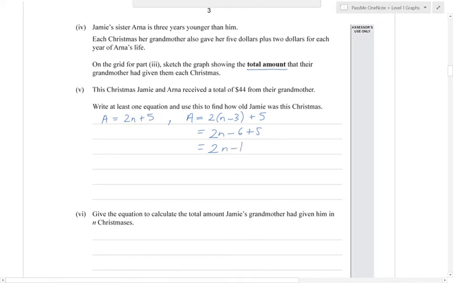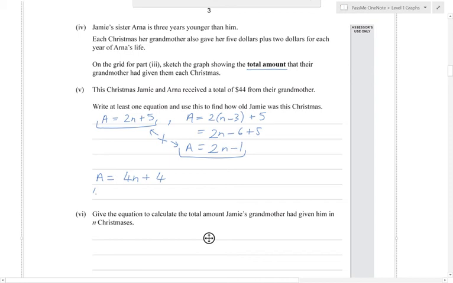Now if we collect these two equations, this one's for Jamie and this one's for Anna, and add them together, we're going to have a new equation for the total amount, which is 4n plus 4. That's from having 2n plus 2n, which gives us 4n, and plus 5 and minus 1, which gives us 4. And the amount this year is 44.